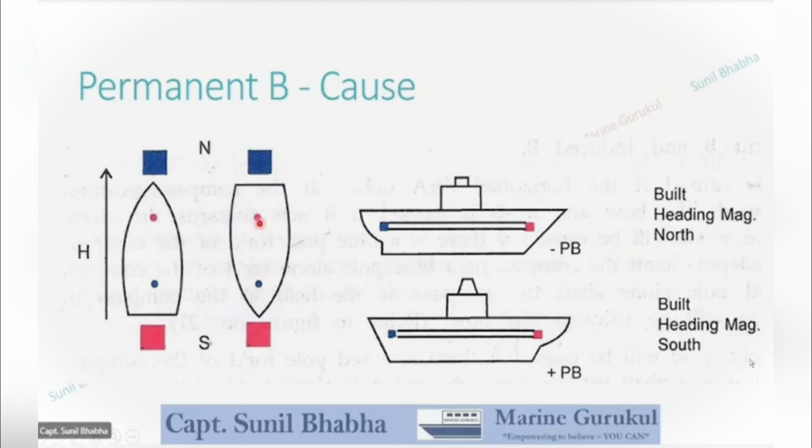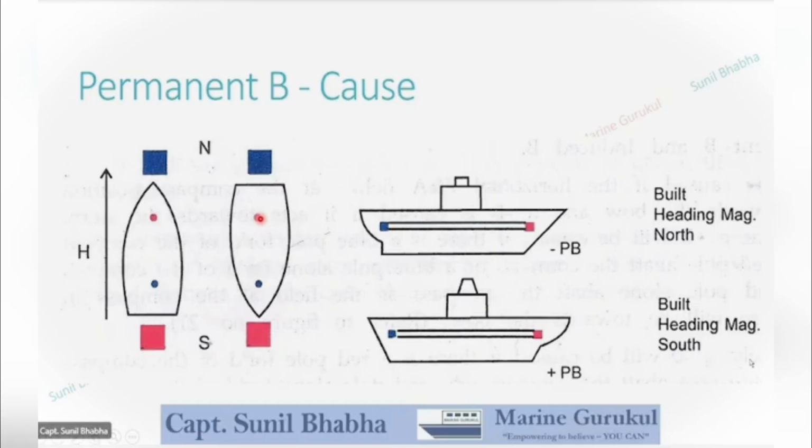Now, these poles which are generated are permanent poles. So depending upon whether the ship was built on a northerly heading or a southerly heading, you will have a blue bow or a red bow. Now, when the ship has magnetism in this particular way, it has a blue bow and a red stern.